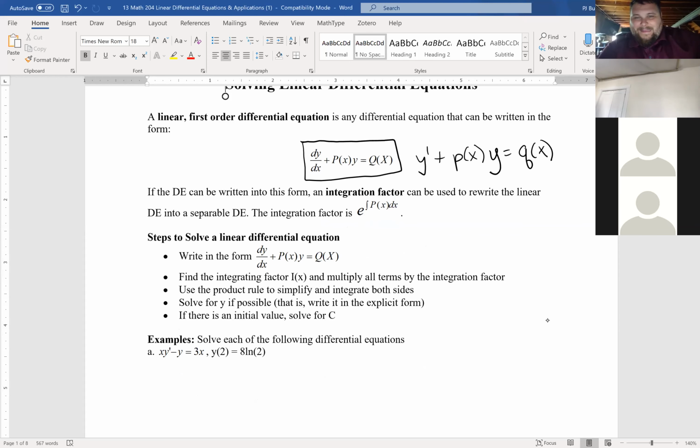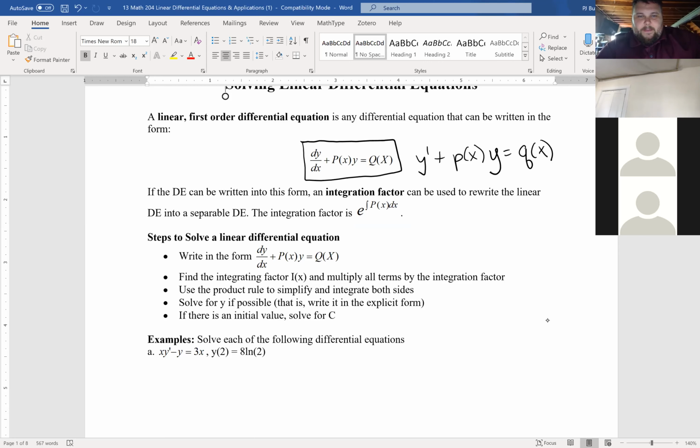The problem has to be in this form in order to use this method. So one of the mistakes I see often is you have to put the problem into the correct form. The person will solve for this integrating factor that we'll talk about in a second, but then they'll plug it back into the original equation, which causes problems.